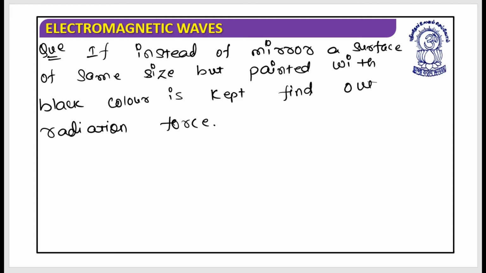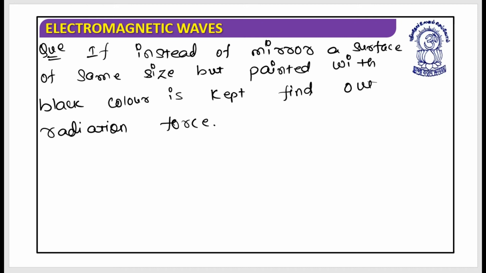Yes, what will be the situation? So this is in continuation with the previous question. If we have not kept the mirror but we have kept a surface that has been painted with black color, what would be the radiation force?